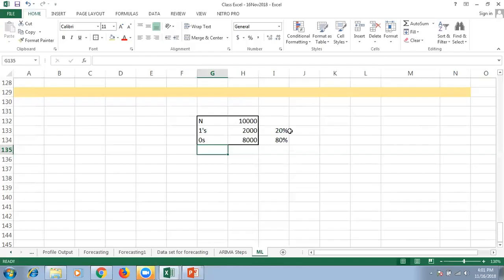I mean to say that one node will have more than 20% of ones, one node will have more than 80% of zeros. That is the kind of split you will get. If the percentage is high, can I say that split is better?